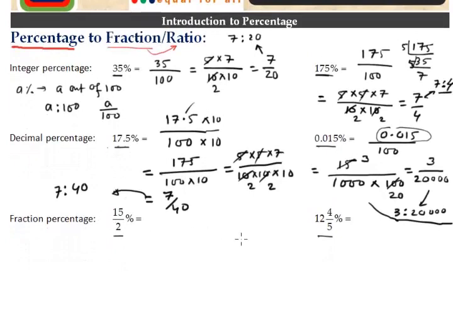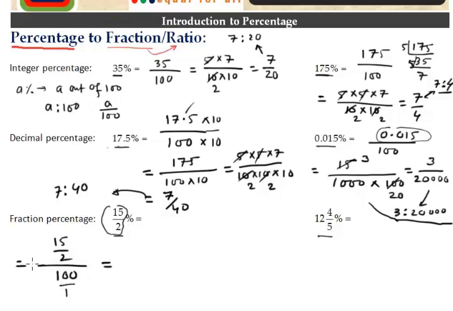Let us do two examples where the value is a fraction. This part is a fraction. So if we write this one as a fraction, then what we will get is 15 division 2, that is the value part, and to convert from percentage to any other form, we need to divide it by 100. So now this 15 division 2, and here the denominator is 1.